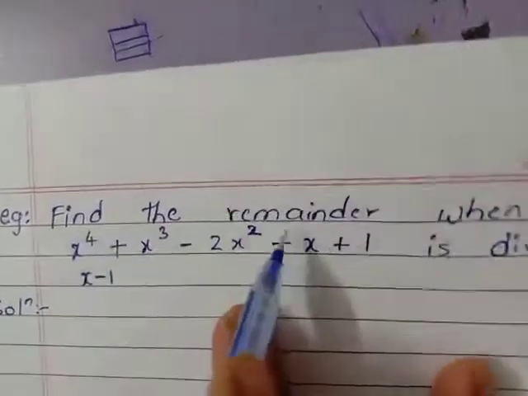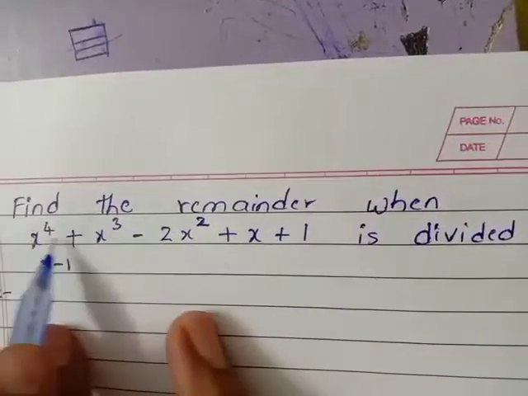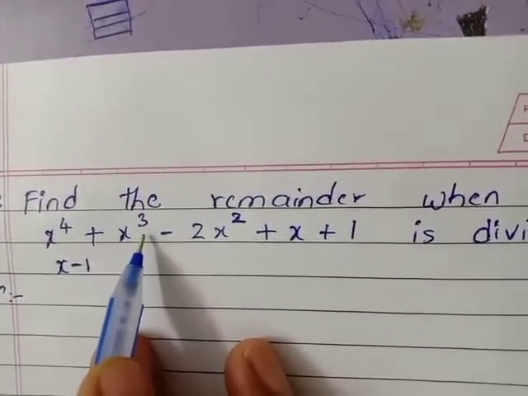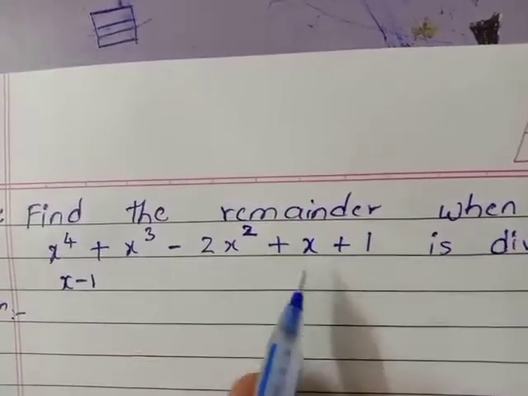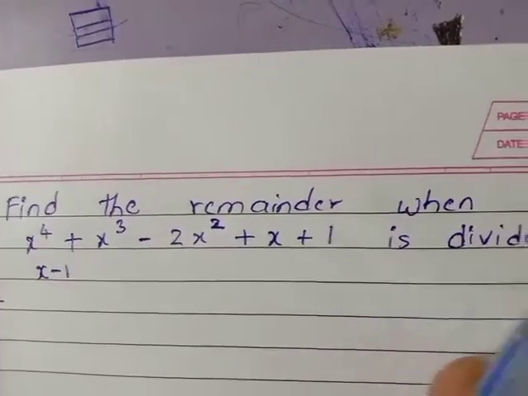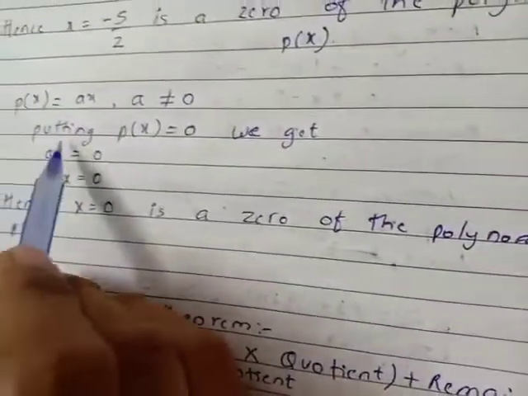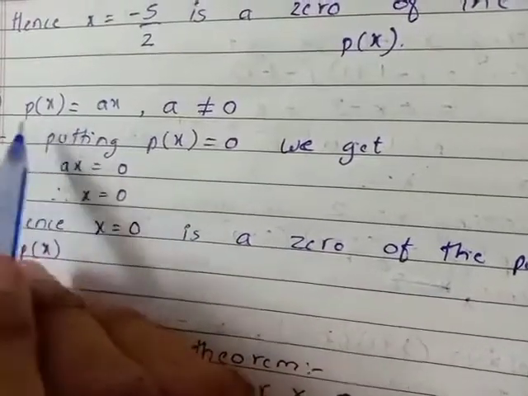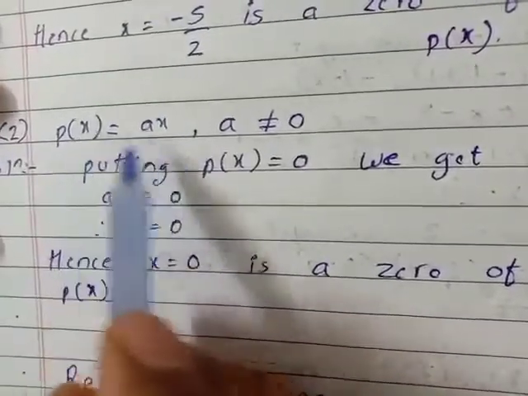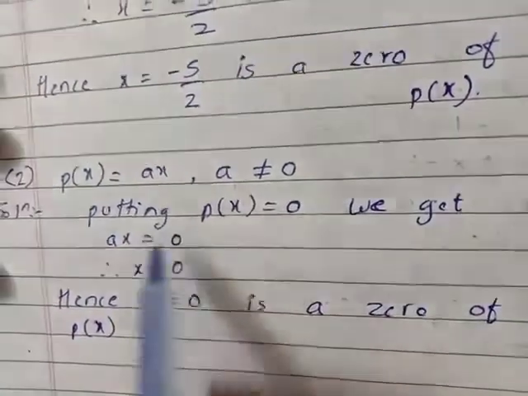Okay, now we will find the remainder when x raised to 4 plus x cube minus 2x square plus x plus 1 is divided by x minus 1. Here we have learned how we solved this equation: putting p(x) as 0 means ax equal to 0.